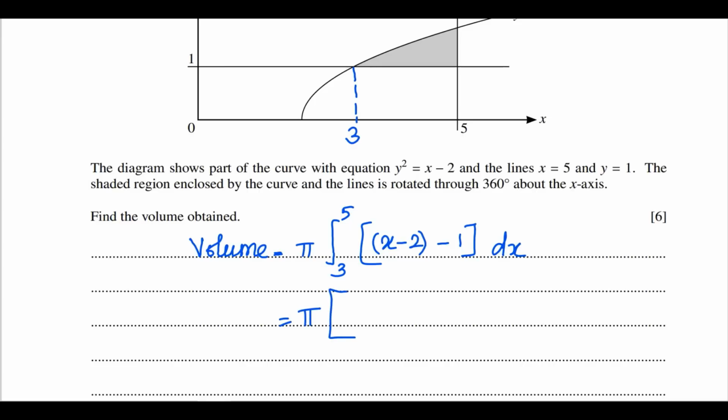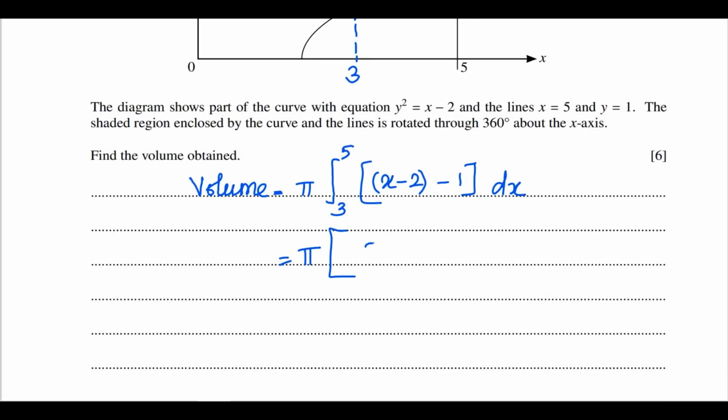Now we will integrate this one. X square divided by 2, minus 2 minus 1 gives minus 3. So minus 3 on integration gives 3x.